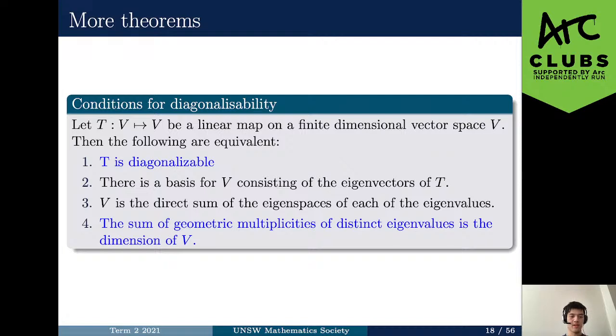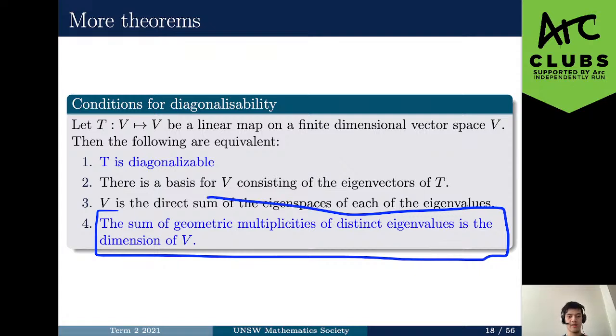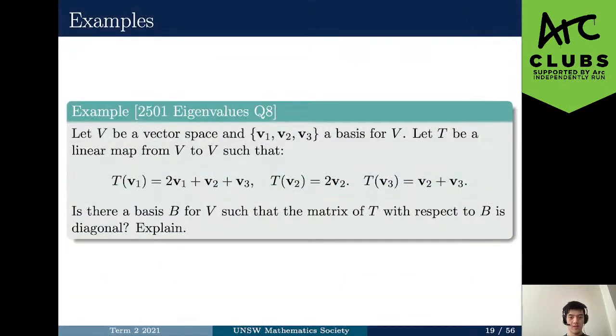And number 4 here is the important one, which is that the sum of the geometric multiplicities is the dimension of V. Another way of saying this is that all of the geometric multiplicities equal the algebraic multiplicities.